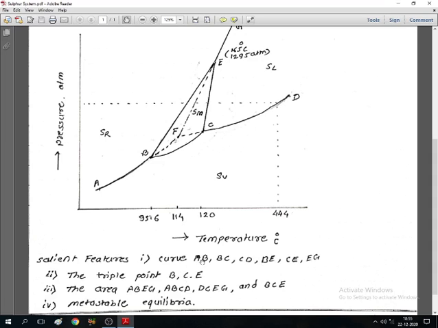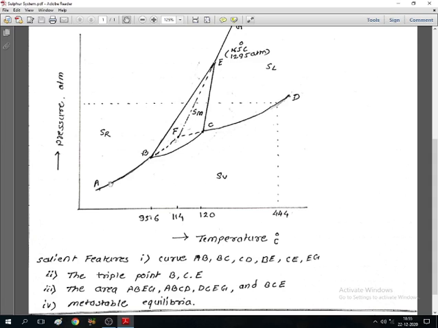Now let us see the curve AB, the first curve. Now this is the curve AB. Along this curve, two phases are in equilibrium, that is SR and SV. SR हा काय आहे, सॉलिड आहे. SV काय आहे, गॅस आहे. म्हणजे सॉलिड आणि गॅस इक्विलिब्रियम आहे.